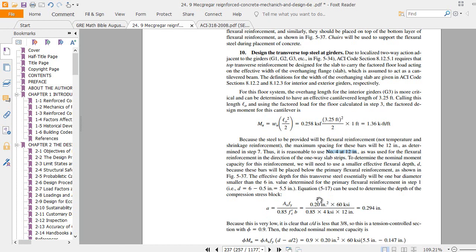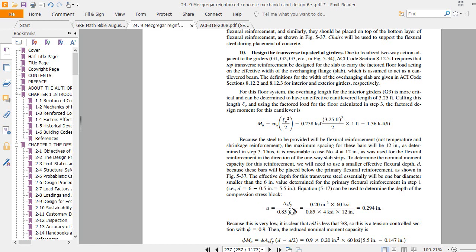Now next, we need to calculate the effective depth. The effective depth is simple, 6 minus 0.5, that is 5.5 inch. Because we have to provide this amount of steel in the top portion, the effective depth will be 5.5 inch.